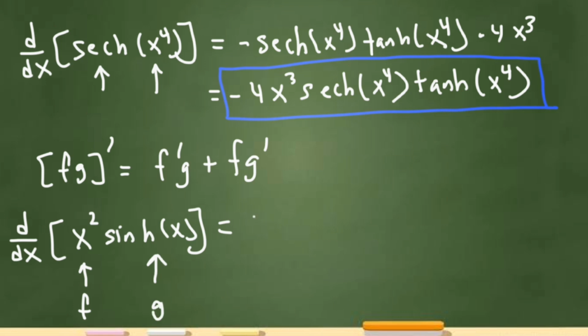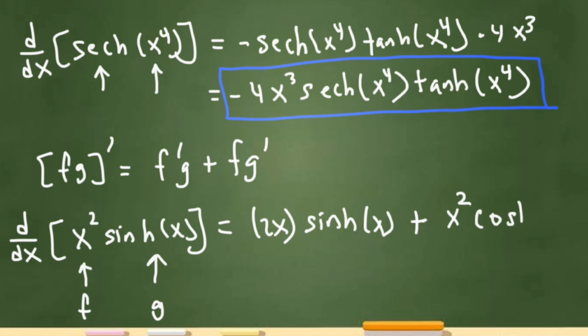So f prime, the derivative of x squared, is 2x times g, which we'll keep the same, plus f, which is just x squared, times g prime, which is going to be hyperbolic cosine of x. So that is the answer for the second practice problem.